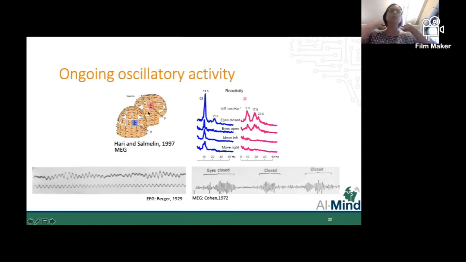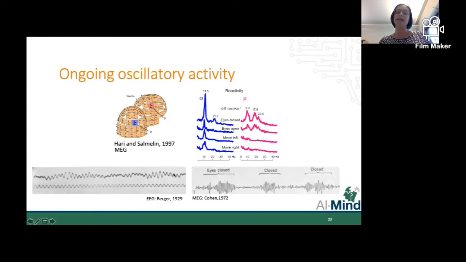Okay, so I will talk a bit about ongoing oscillatory activity. These are spontaneous rhythms that are modulated by different tasks, and they were first measured with EEG by Hans Berger in 1929.